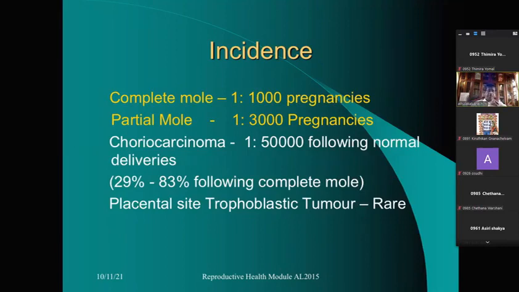Complete mole is about 1 in 1,000 pregnancies, and partial 1 in 3,000 pregnancies. And the extremely malignant component that we talked about earlier occurs about 1 in 50,000. The other two conditions, which are locally malignant ones, the epithelioid and the placental site trophoblastic tumors, are rare.